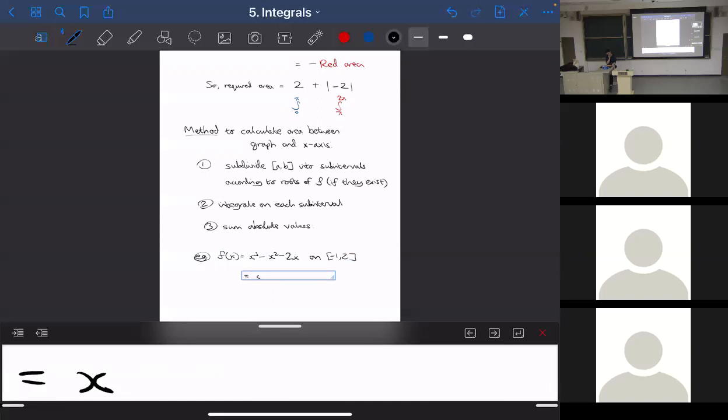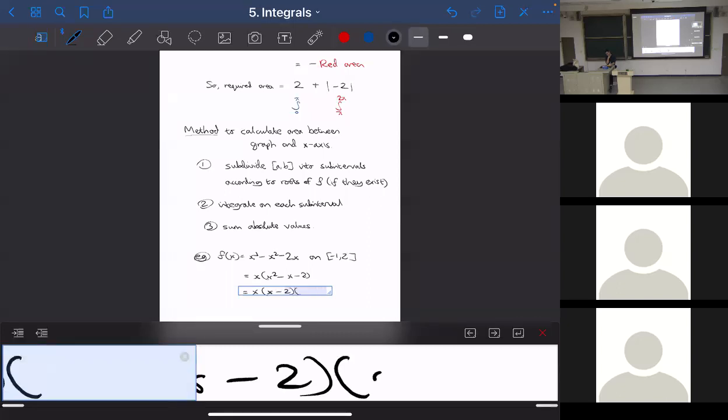We have a factor x, and then x squared minus x minus 2. And then I can factor more, I think. Yes, x minus 2, x plus 1. So the graph has roots at minus 1 and 0 and 2.